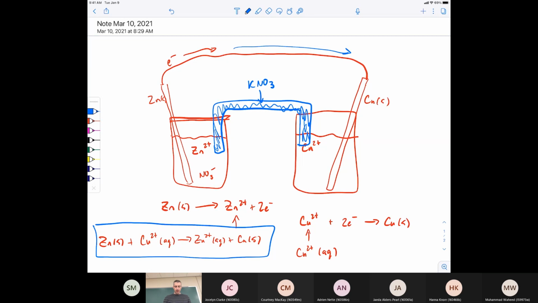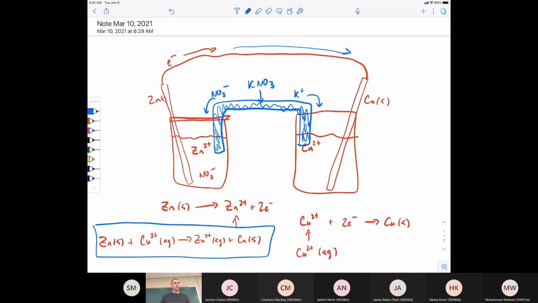So as electrons get pumped to the right, potassiums get pumped to the right too, to keep the charge balanced. And as the potassium gets pumped to the right, the nitrates get pumped to the left to replace the negative charge that is lost when the electron goes. So you have these ions moving through this salt bridge.